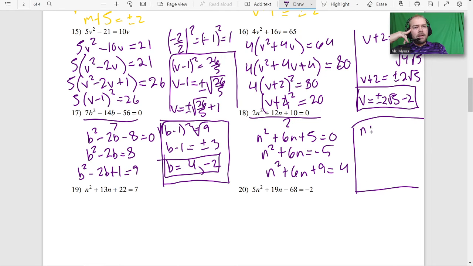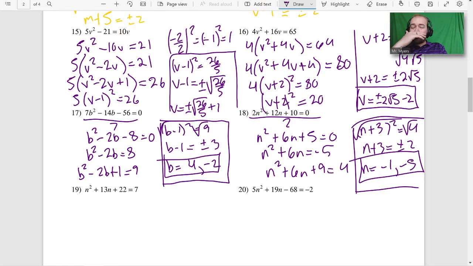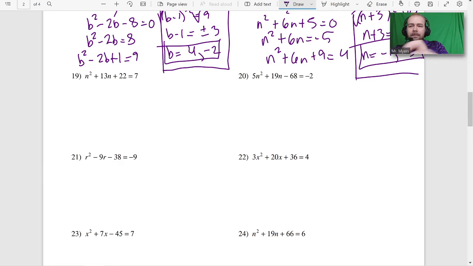So then we do n plus 3 squared equal to 4. Square root. So then n plus 3 equals square root of 4, which is 2, plus or minus 2. So 2 minus 3 is negative 1. Negative 2 minus 3 is negative 5. All right, that was it for 17 and 18. We're almost there.